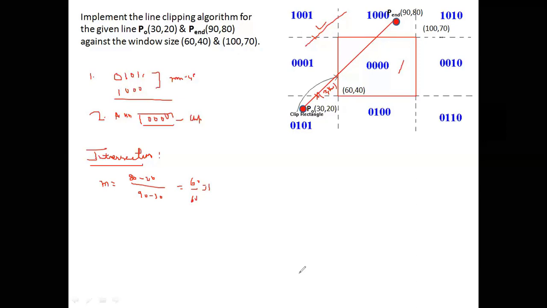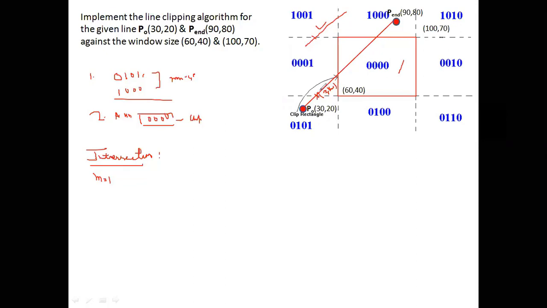So the value of m is 1. I am erasing this and writing the value of m directly over here. m has come as 1 for this line.